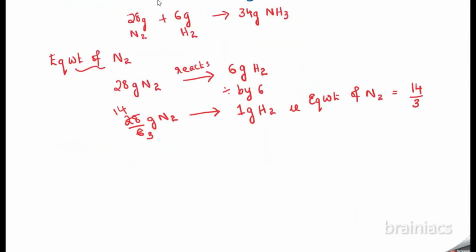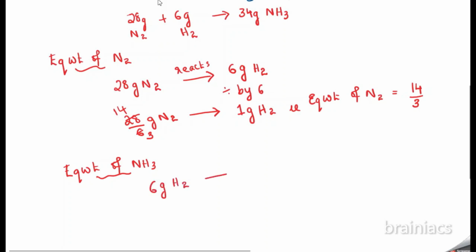Okay, so the equivalent weight of ammonia, that is what we are going to calculate. Now, as per the equation, tell me how hydrogen and ammonia are reacting. So I can say 6 gram hydrogen produces 34 gram ammonia, correct?